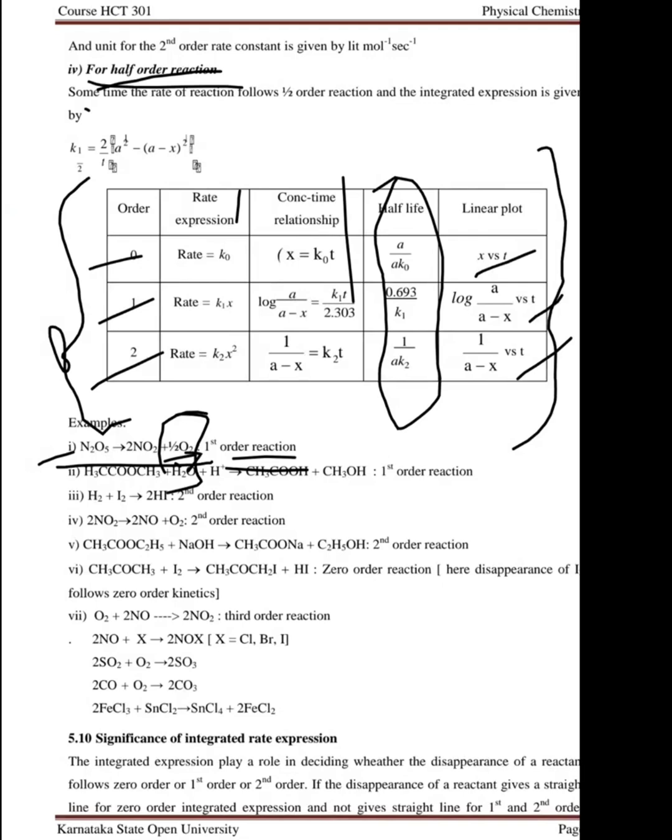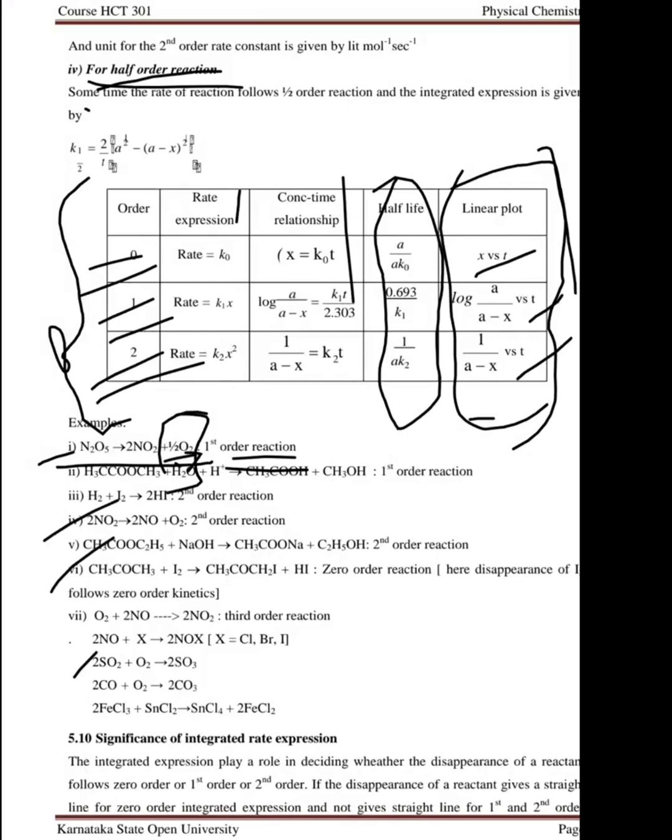From these plots we can identify the order of the reaction, whether it is a zero order, first order, or second order reaction. And these are some of the examples for half order reactions.